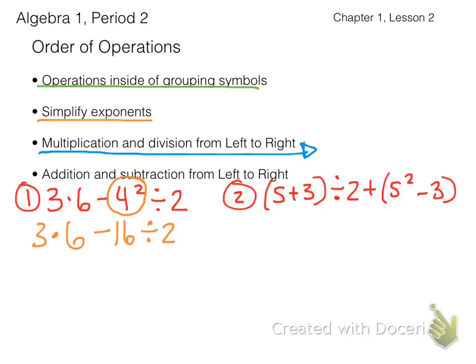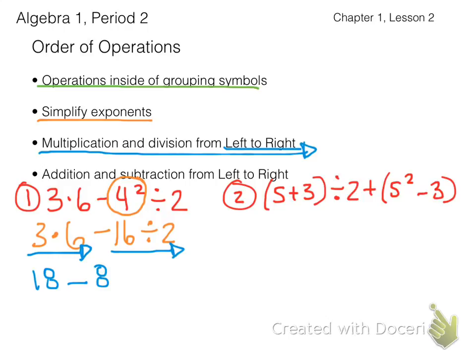Because multiplication and division have the same value, we need to know which order to do them in. In math we do them from left to right, which is the same way we read in the English language. So I've got a multiplication there and a division there. 3 times 6 is 18, minus 16 divided by 2, which is 8.